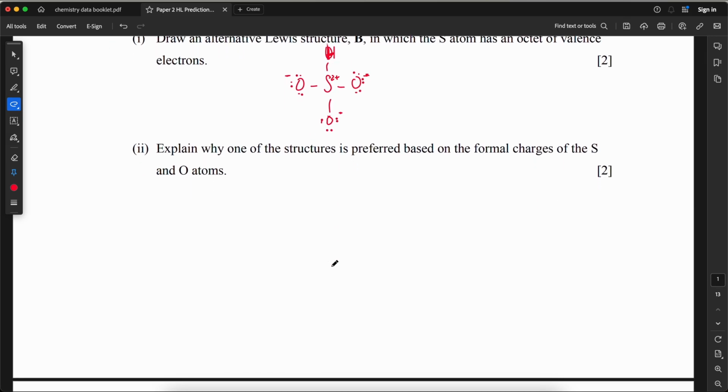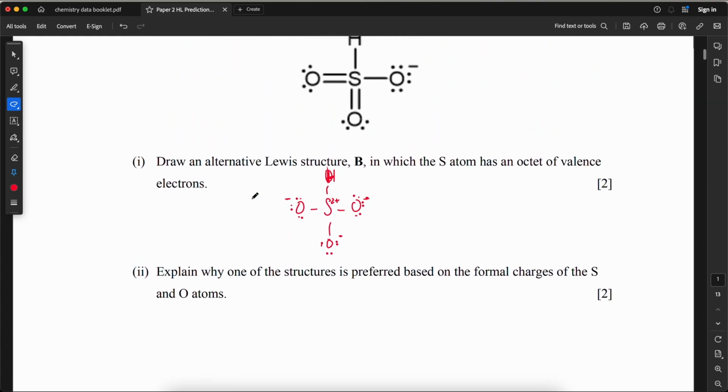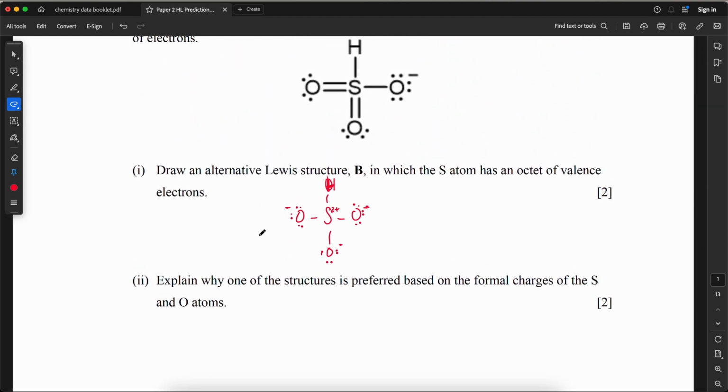Explain why one of the structures is preferred based on the formal charges of the S and O atoms. So if we compare both structures, let's start with structure A. The formal charge of S would be valence electrons, which is 6, minus half times the number of bonding electrons, so it is 12.